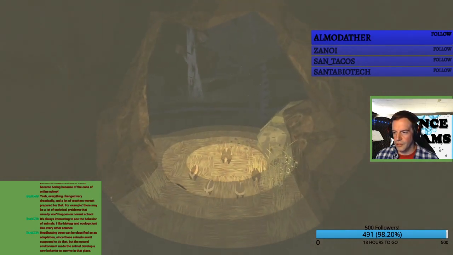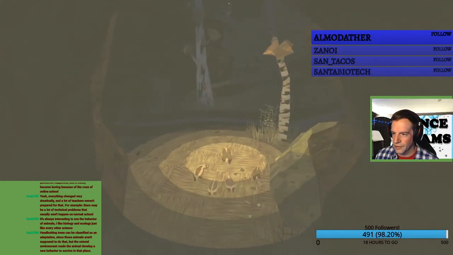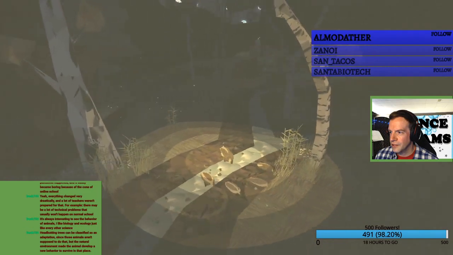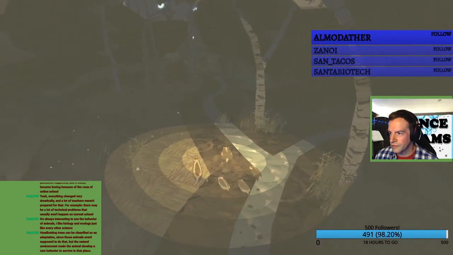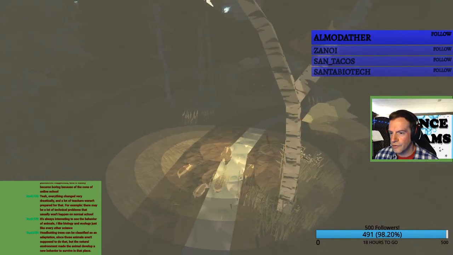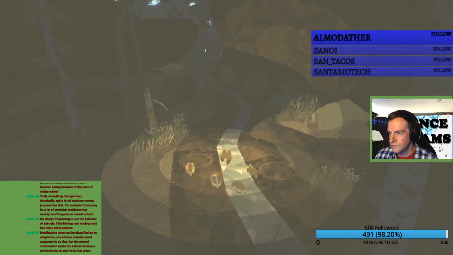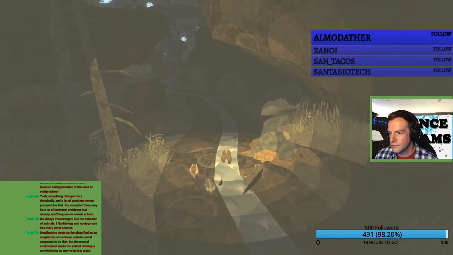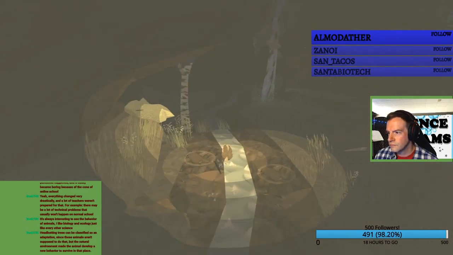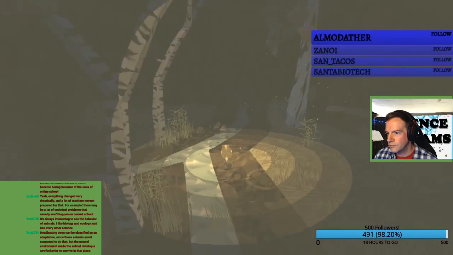This is actually one of the... This level I really don't like. It does take some practice to get through it. And it's scary. Where'd they go?